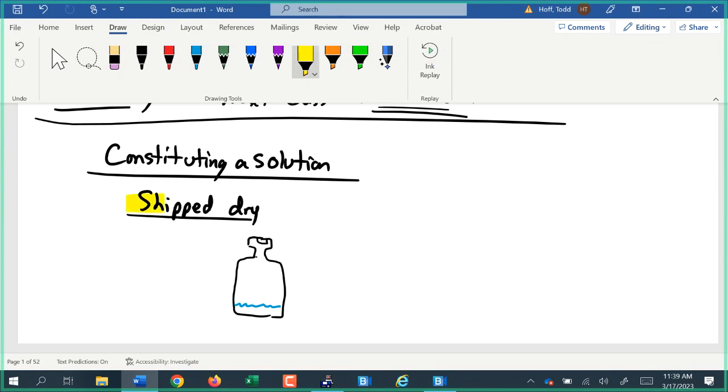So shipping is one of the main reasons why we ship it dry, and so we save money on weight. But the other thing is once it is constituted, once the water is put into it and it's now a solution, now it has an expiration date.